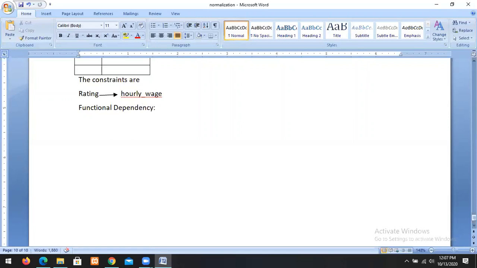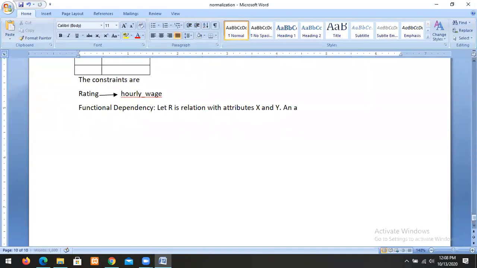What is functional dependency? Let R be a relation with the attributes x and y.